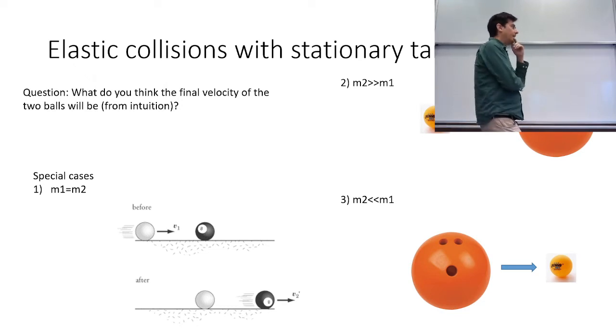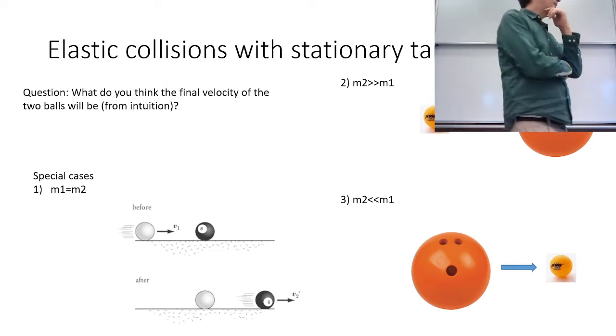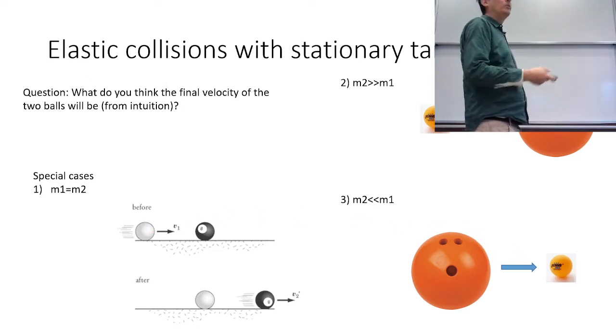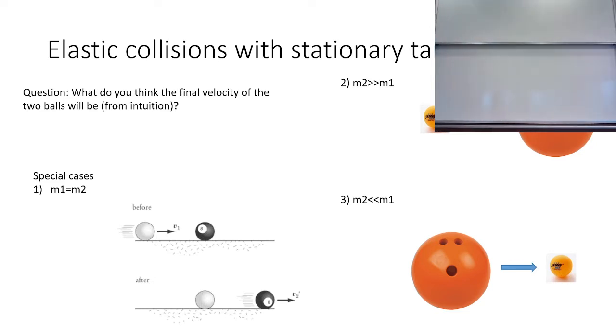Okay, we'll mark that one down like that. And then what about the third one? A bowling ball comes along and hits a stationary ping pong ball. Okay, all right. Everybody happy with those predictions?